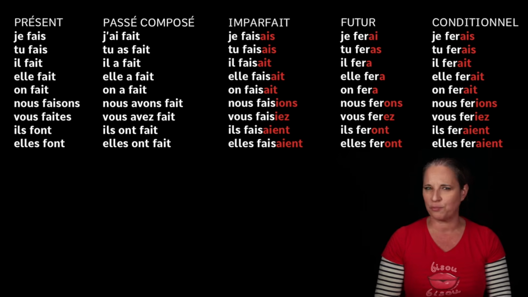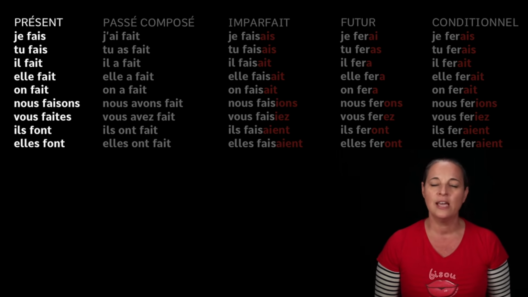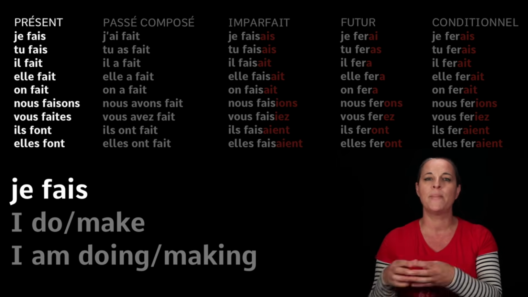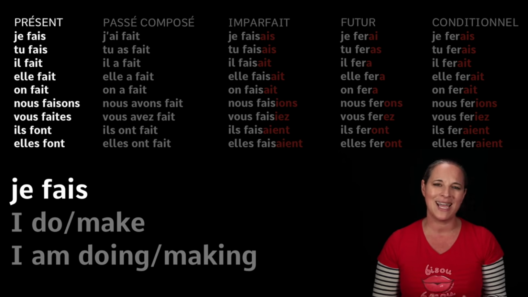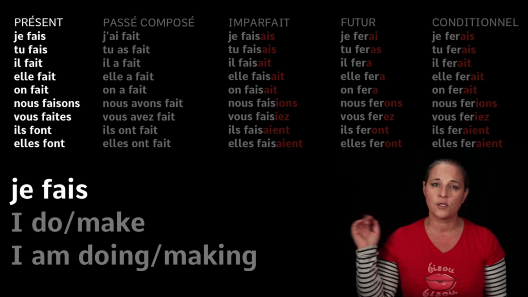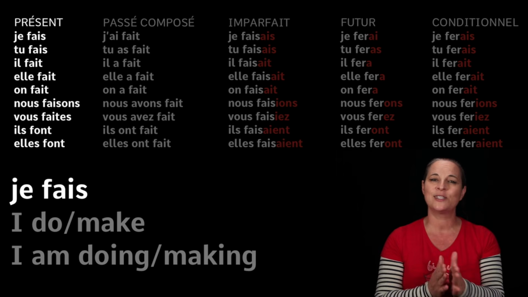Now, let's start with the present tense. Faire, to do or to make. So we are going to learn how to say I make or I am making, and this is the present tense. Now remember that we don't say I am making. In French we say I make. So I make is je fais. Je fais. Now remember that it means to do as well.